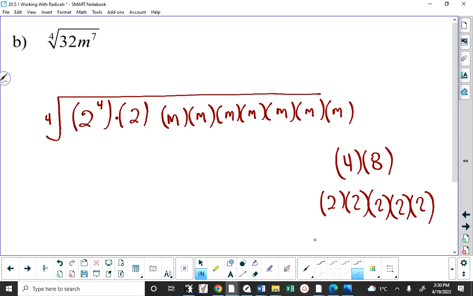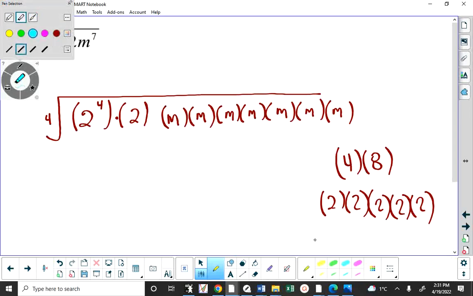Anybody want to enlighten us why I'm doing that? I'm not just rolling the dice and deciding to use that breakdown. Jack? So it's easier to take it out once you're finishing the factoring? Yeah, because I have 2 to the 4, exactly, which is 4 twos, 2 times 2 times 2 times 2. And I have a fourth root.